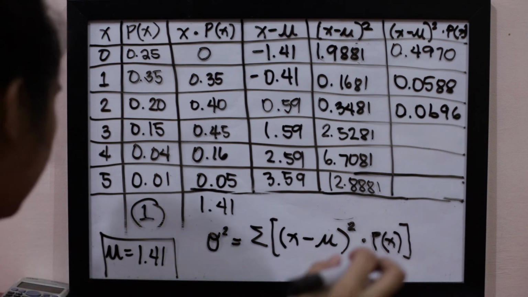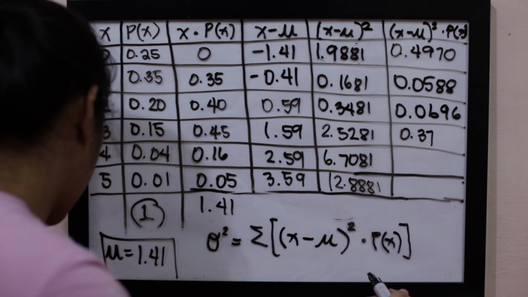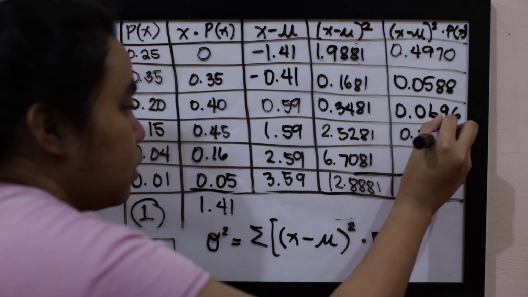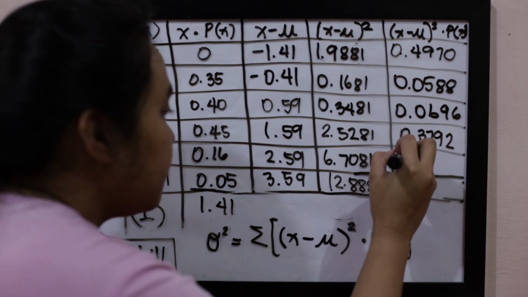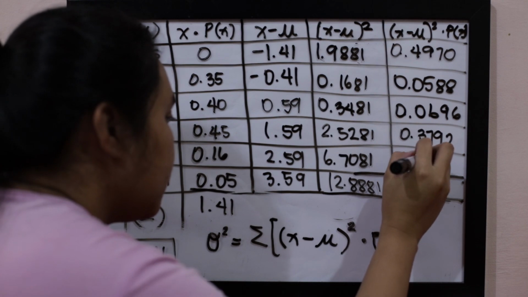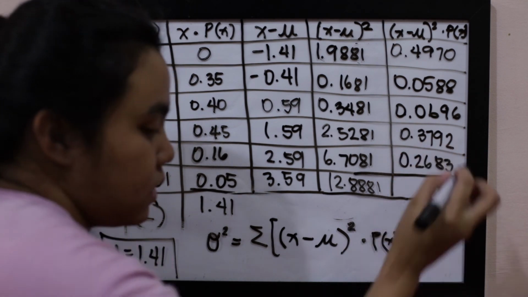Then the answer is 0.3792. And then 6.7081 multiplied by 0.04. The answer is 0.2683.